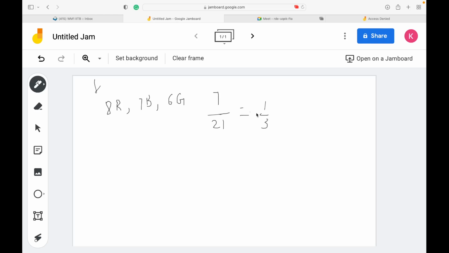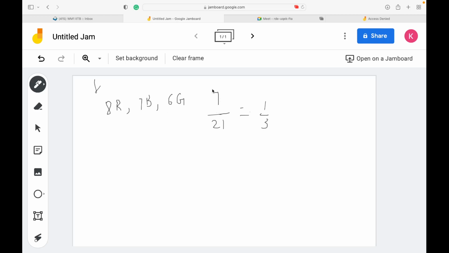So the basic definition of probability is that the probability of any event is the chances associated with that event upon the chances of all the events. Here the total number of balls is 21 and we want to draw a ball which is neither red nor green, which means that the ball should be of blue color. So there are a total of 7 blue balls.